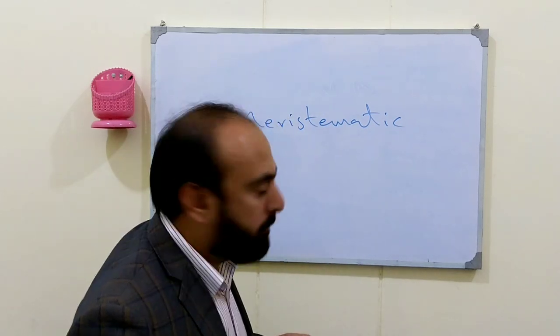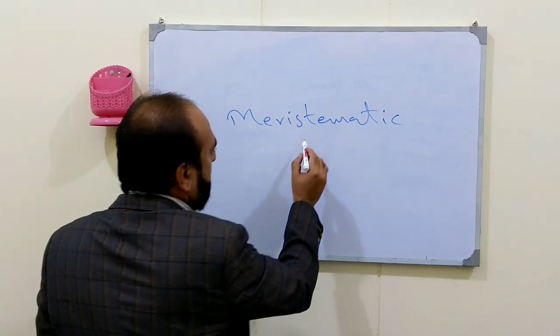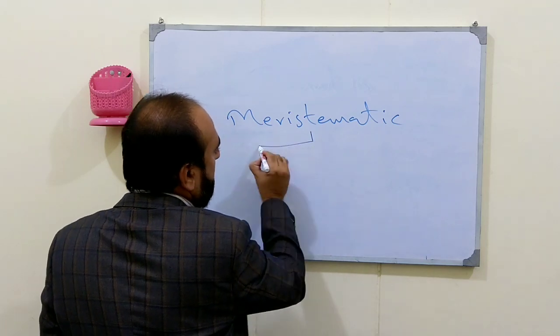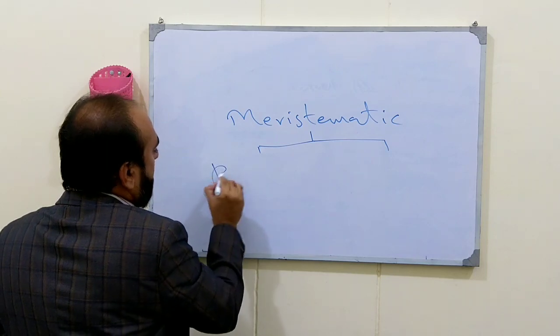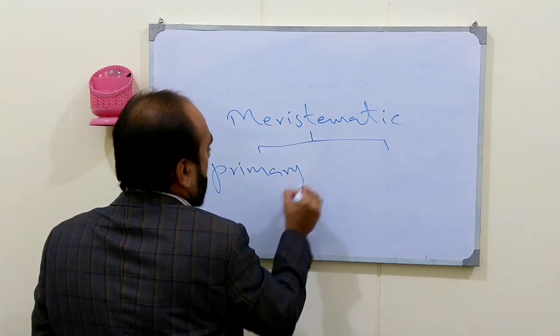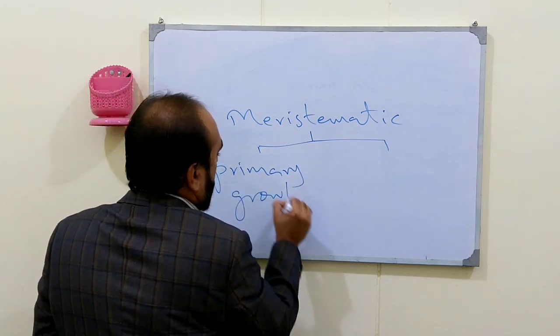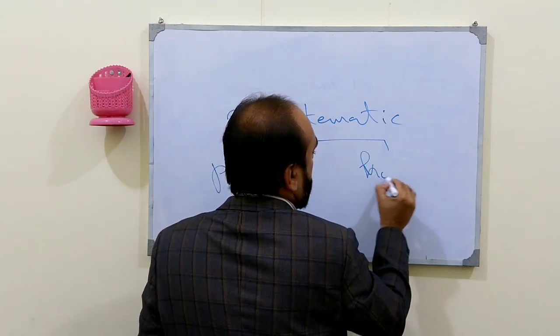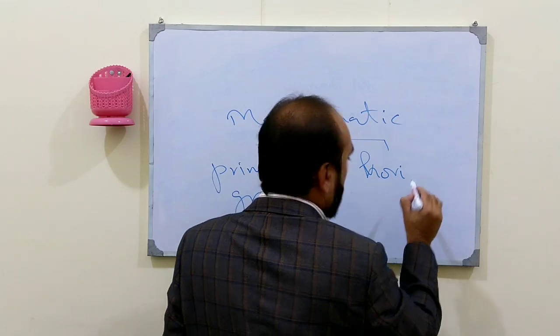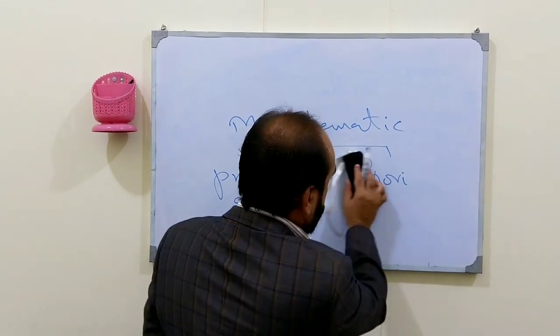So the basic purpose of meristematic cells is cell division and growth, which can be primary growth or secondary growth.